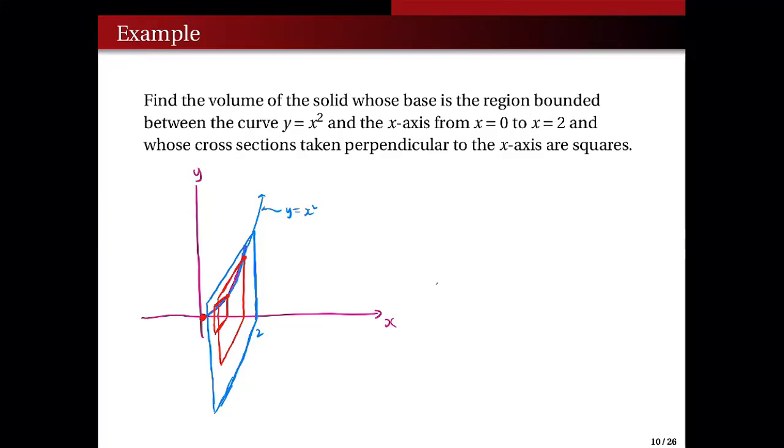So you have this here, let me redraw that.